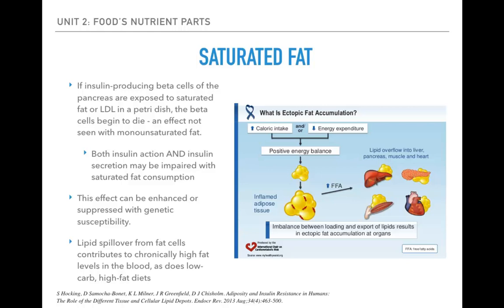When inflamed, as we talked about on the last slide, it can be stored what we call ectopically, or misplaced, in tissues like the liver, causing non-alcoholic fatty liver disease or steatohepatitis. It could occur in the muscle, causing muscle insulin resistance, or this ectopic fat could be stored in the pancreas, where it can inhibit insulin production. It could also be stored in the heart, where it can be a major contributor to cardiovascular disease.